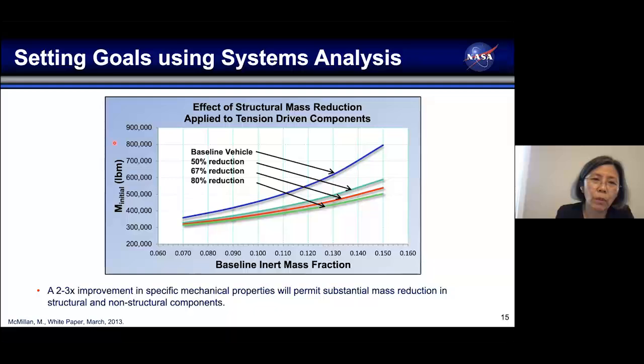He was using a model for a launch vehicle, and this is the total mass versus the inert mass fraction. We were figuring out what properties we should be targeting as we set a metric for what is a measure of success for our work.